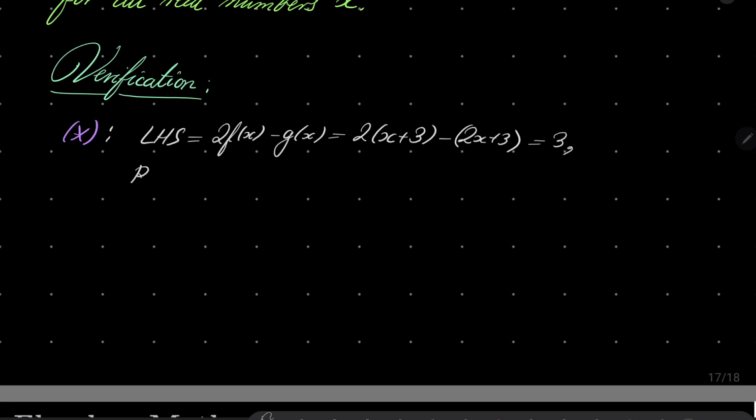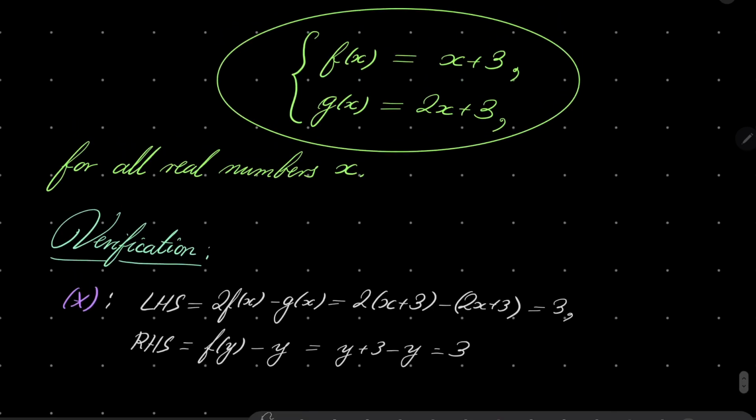And on the right hand side, we have f(y) - y, which is y + 3 - y, which is 3. Exactly the same. So it has been verified, and we have just one pair of solutions.